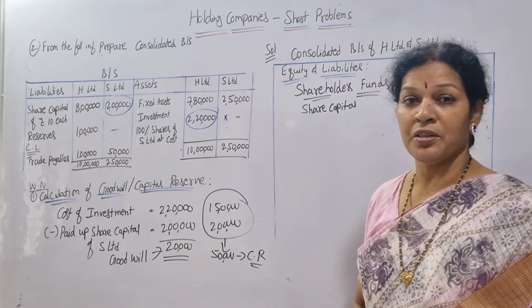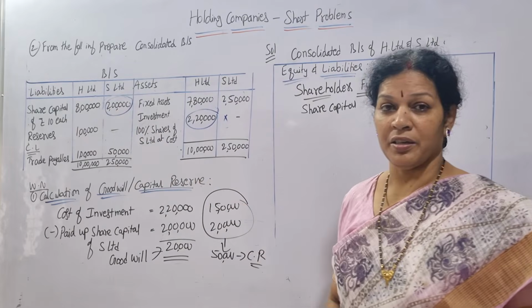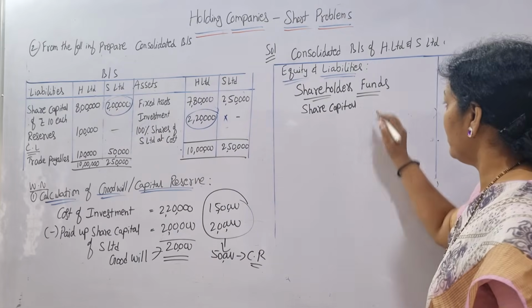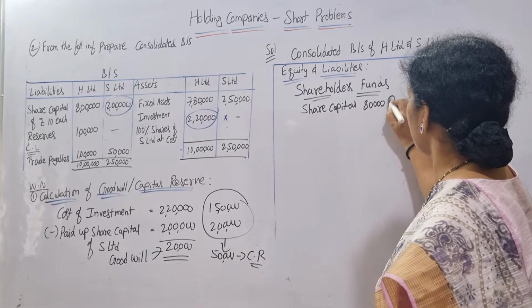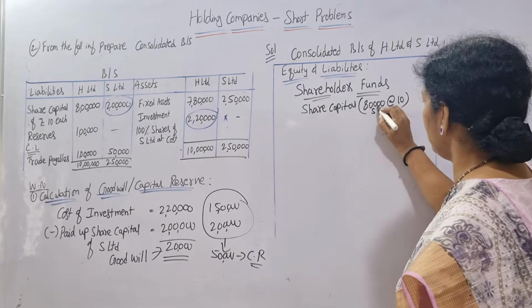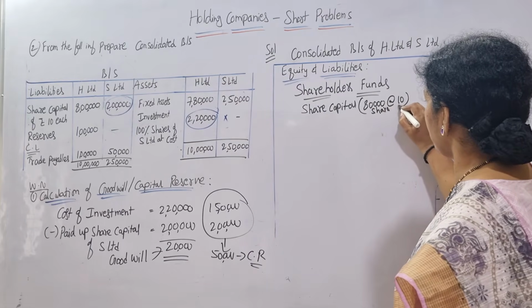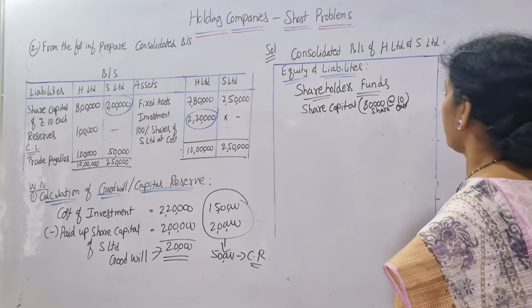Each share is 10 rupees, which means how many shares are there? 8 lakh divided by 10 comes to 80,000 shares at the rate of 10 rupees each, which is 8 lakh.